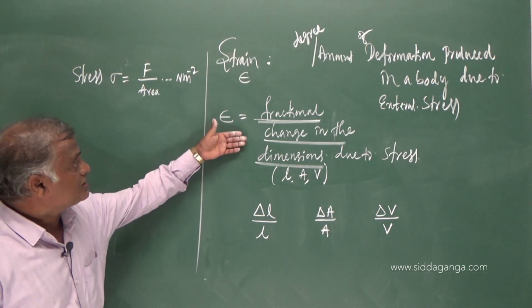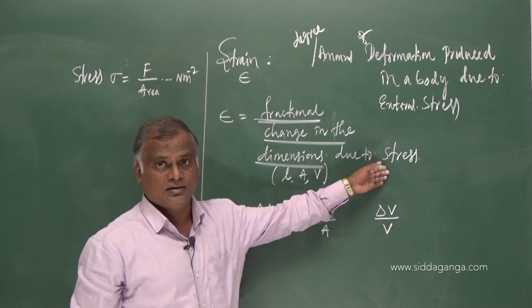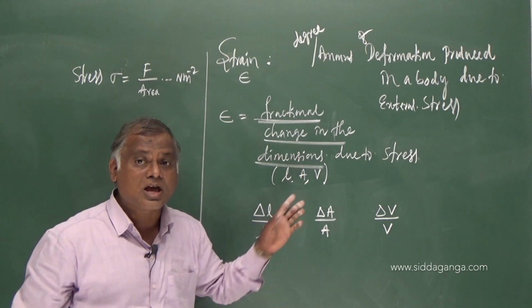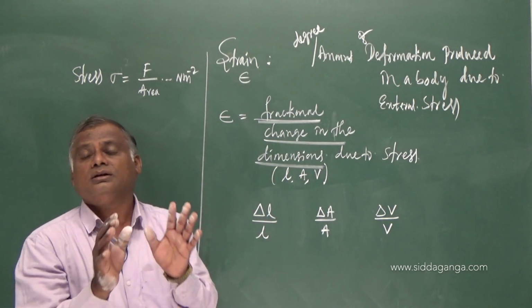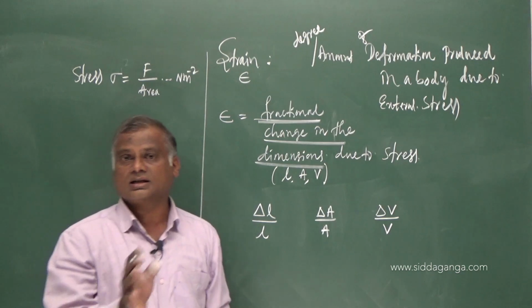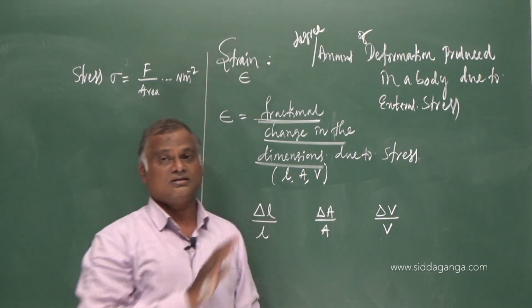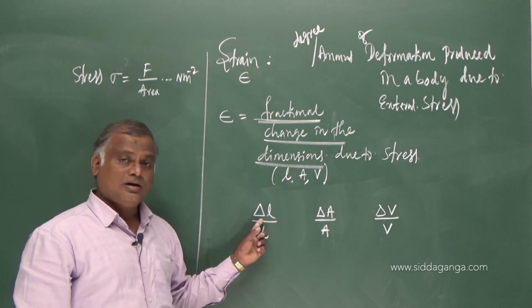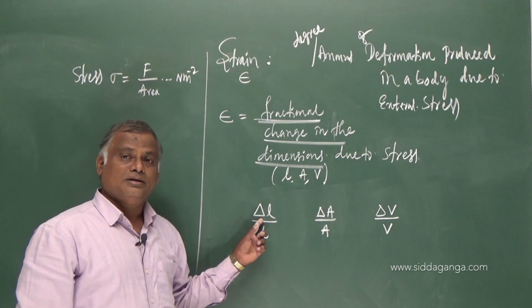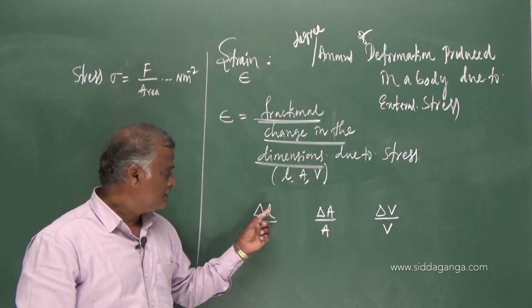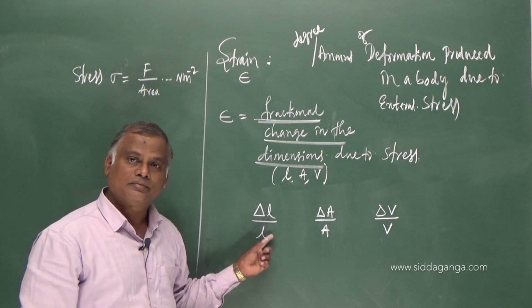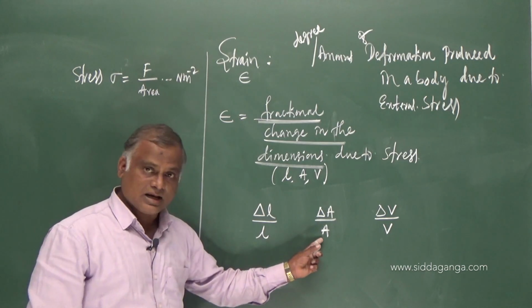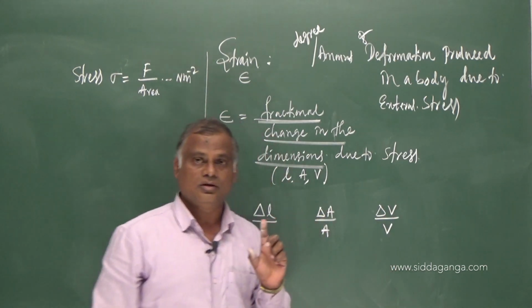Hence, because of the external stress, the dimensions of a body can change. Hence, we have different types of stress and different types of strains. In the study of a strain, here is a ratio of the same quantity, means length, area, here also volume.